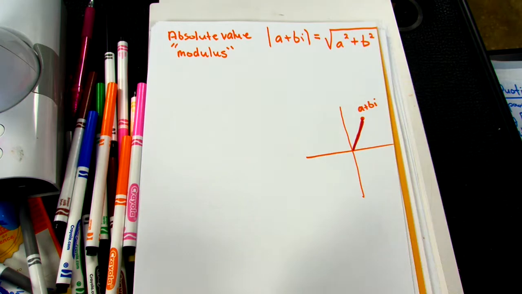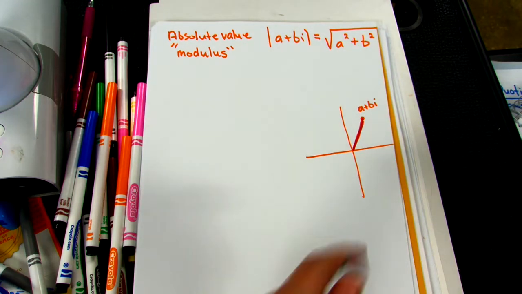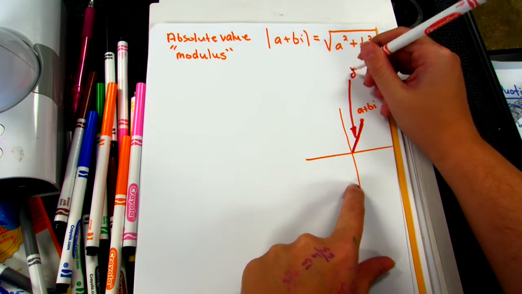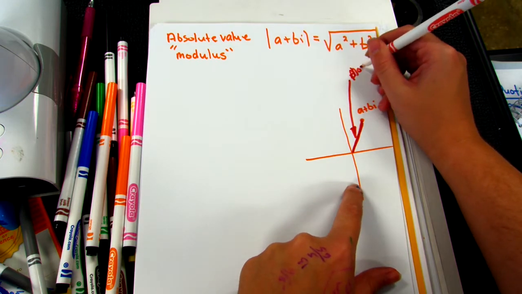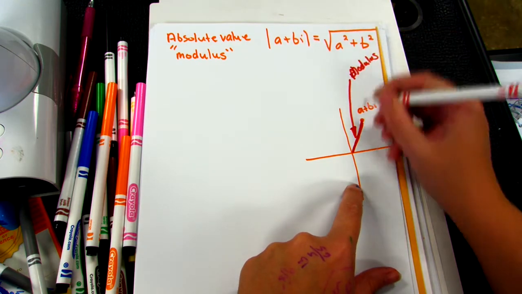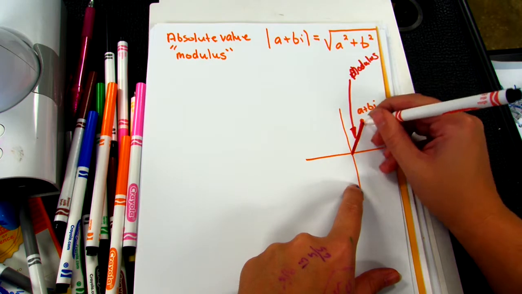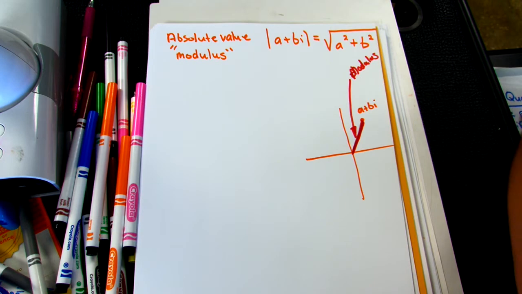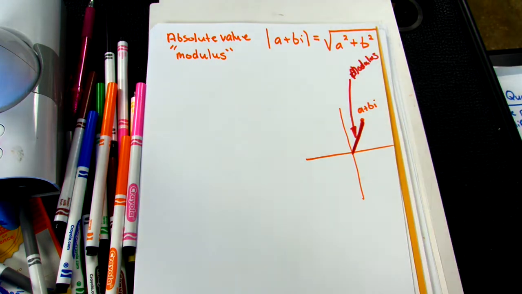And that distance, remember distance is absolute value. So the modulus, or the absolute value, is this measurement right here. Okay, so that's what the modulus, or the absolute value, tells us.